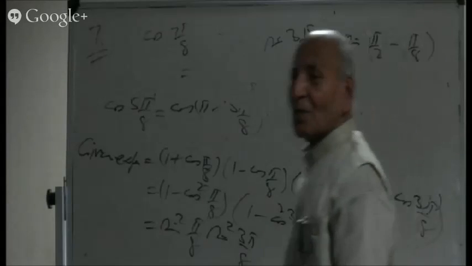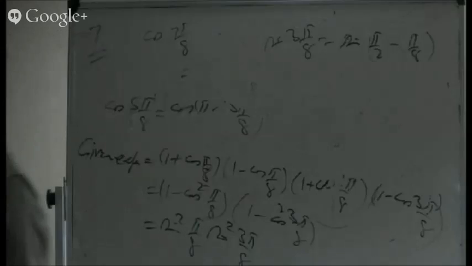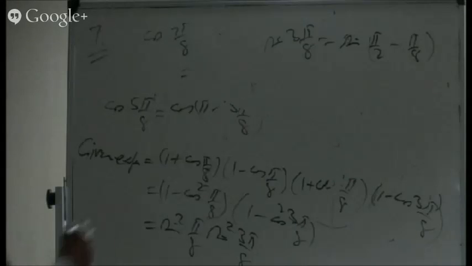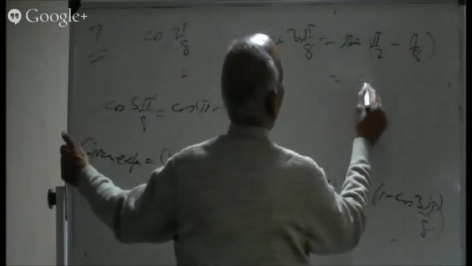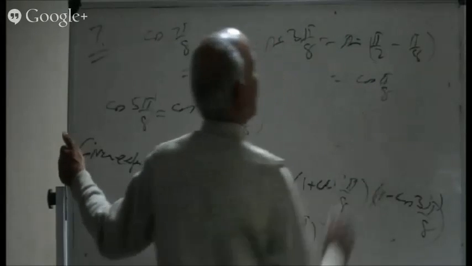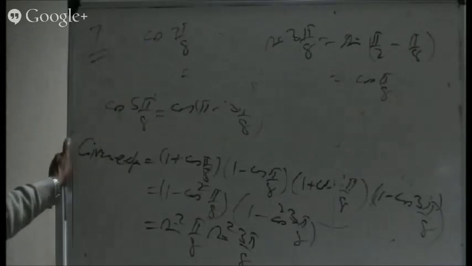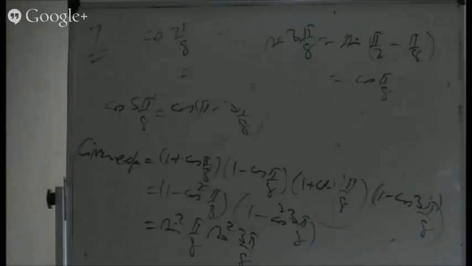Check it. Pi by 2 minus pi by 8, what is the LCM? 8. So we get 4 minus 1, 3, so 3 pi by 8. Is it right? And this I can write as cos of pi by 8. Is it right? So what is the advantage of writing like this?